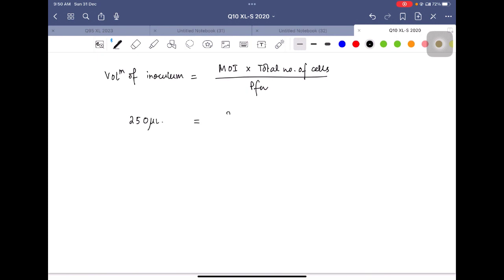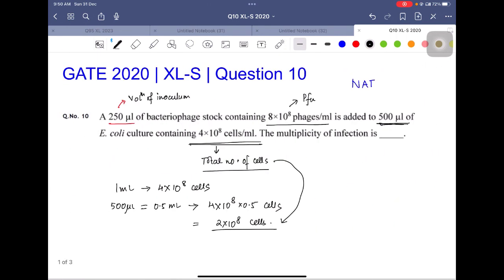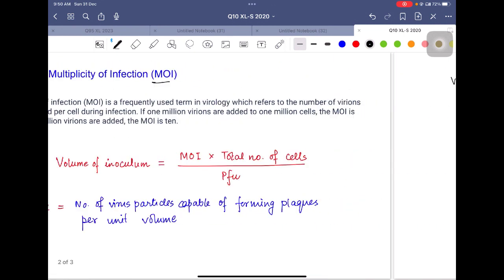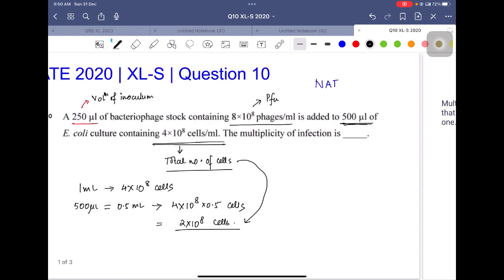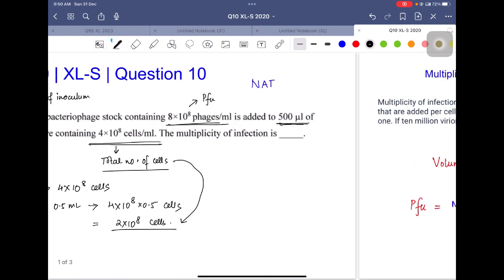The MOI we have to calculate, which we consider as x. The total number of cells we have just found out is 2 into 10 to the power 8. And the PFU was given as 8 into 10 to the power 8 per ml.